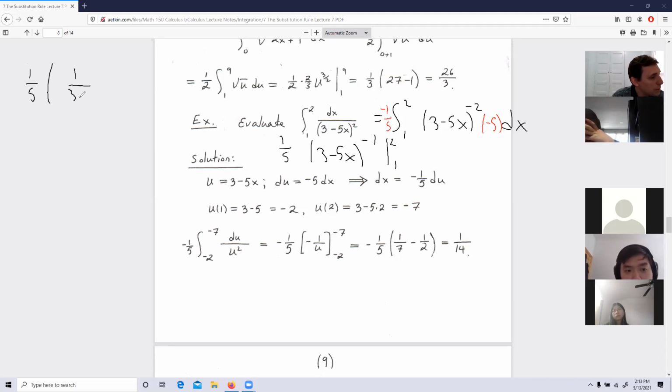So 1 over 3 minus 10. And minus, plug in 1, so it's 1 over 3 minus 5. That's it. And I'm done. You can simplify it and whatnot. The minus 2, what minus 2?